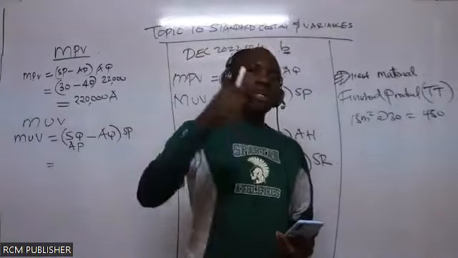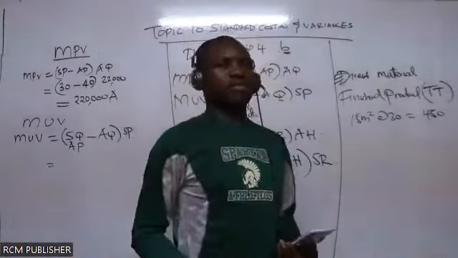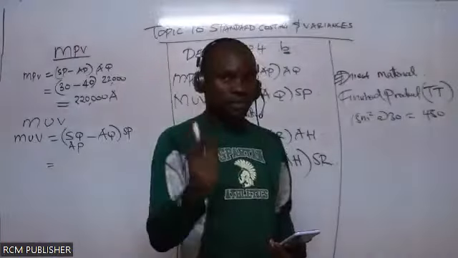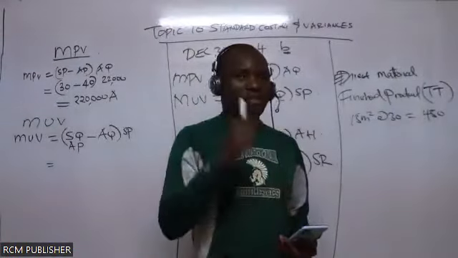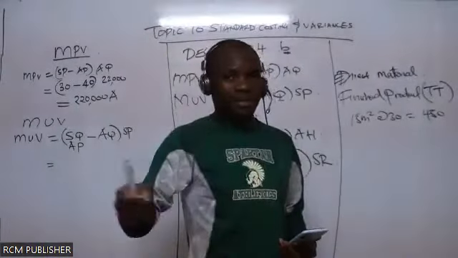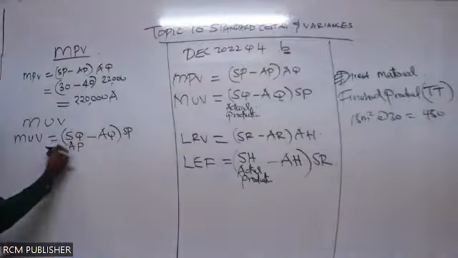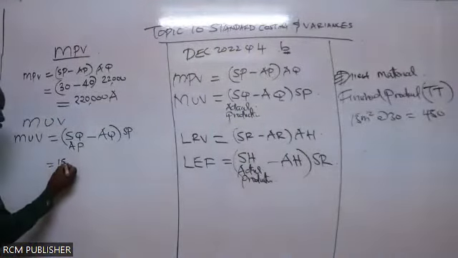So are we able to get the standard quantity per unit of the finished product? It is 450 divided by 30 to give us 15. But we see that 15 is already given to us, 15 square meters. Now, the 15 square meters is the standard quantity per unit of the finished product.